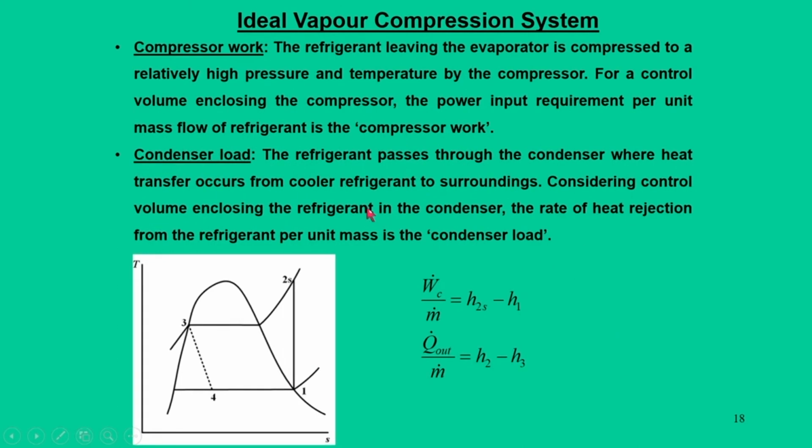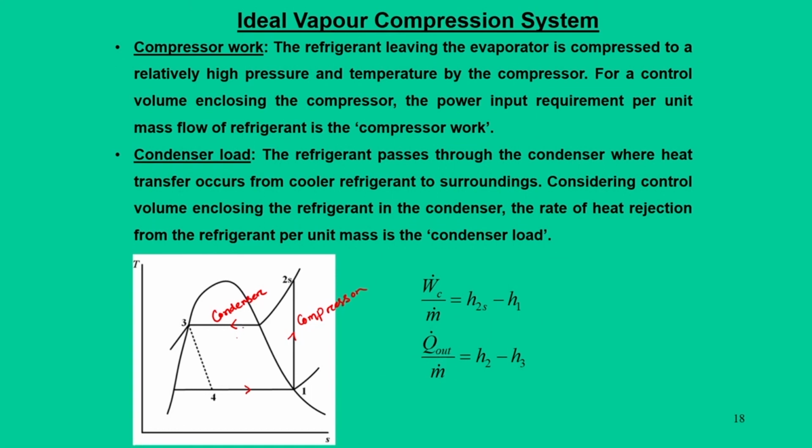Now, moving further, we are going to compressor work and condenser load. The compressor process is 1 to 2S, which is isentropic compression, and the condenser process is 2S to 3. So, we can simply apply the steady flow energy equations. The compressor work per unit mass, W dot C by m dot, will be H2S minus H1, and the condenser load can be calculated as Q dot out by m dot.